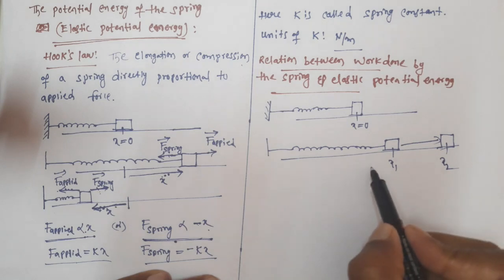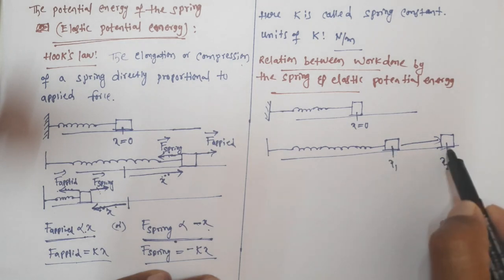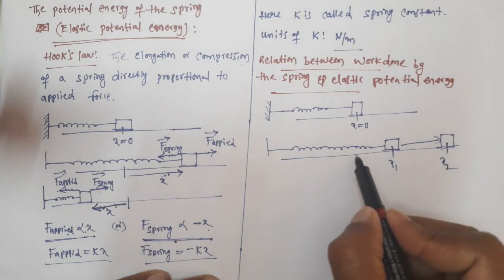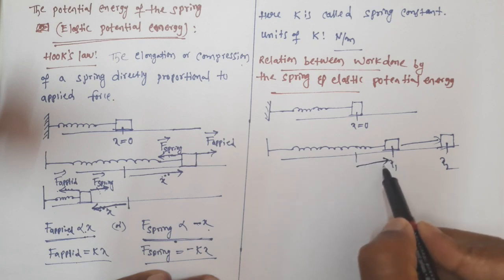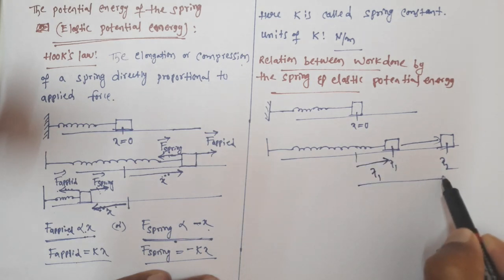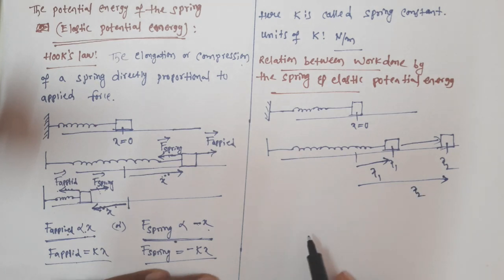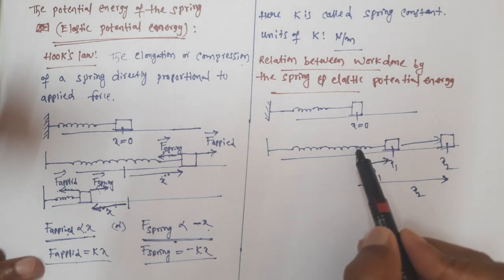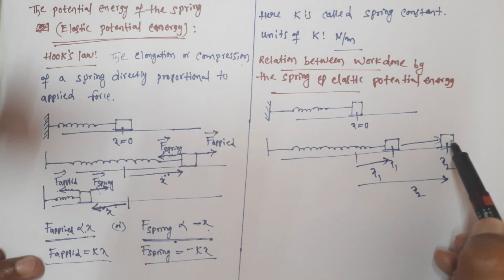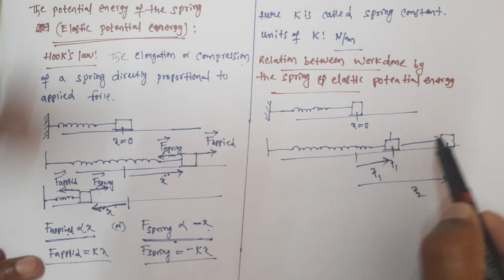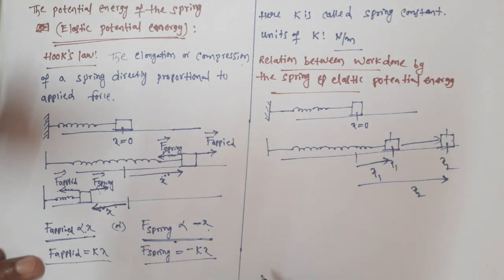That means the initial position of the block is x1 and the final position is x2. So the initial extension is x1 and the final extension is x2. Actually we are moving the block from x equal to 0, but we take this one as the initial position and this one as the final position.